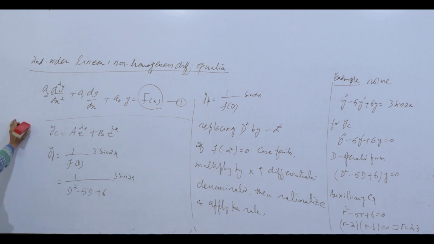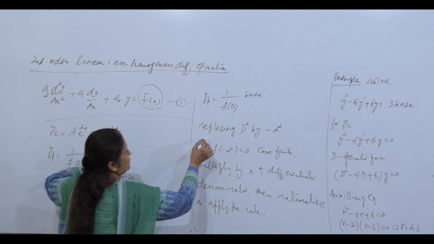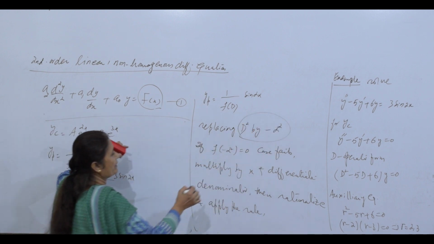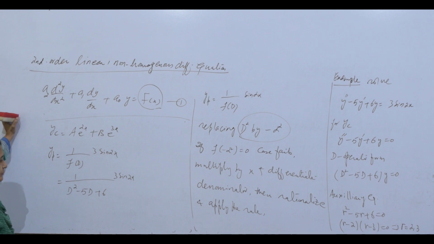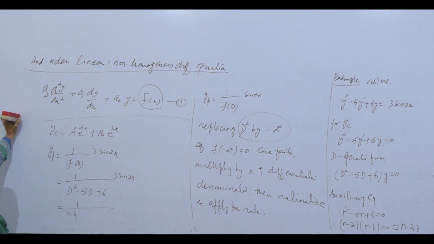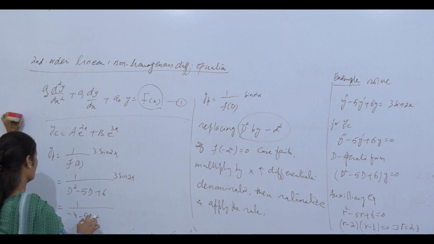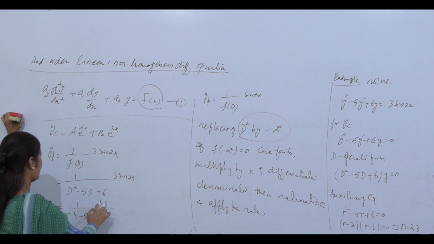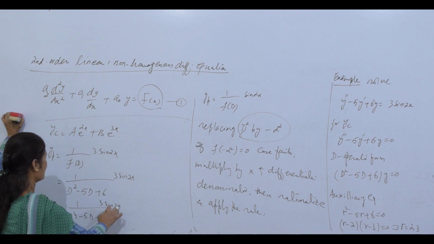So replacing D square by minus alpha square. This is the rule we are having. And alpha is 2. It means D square is replaced by minus 4. Minus 4 minus 5D plus 6, 3 sine 2x.